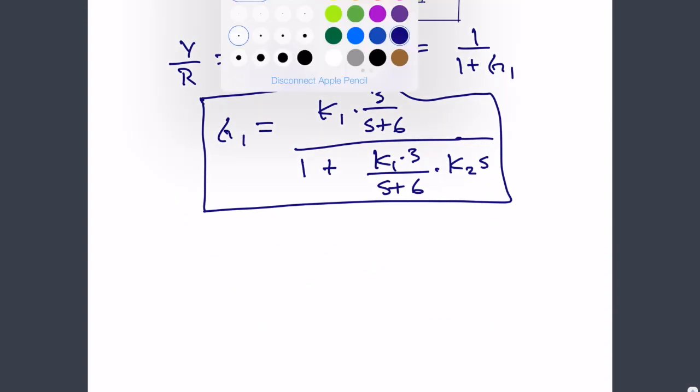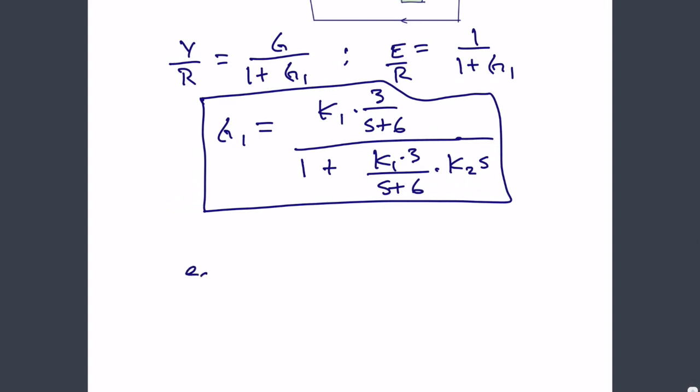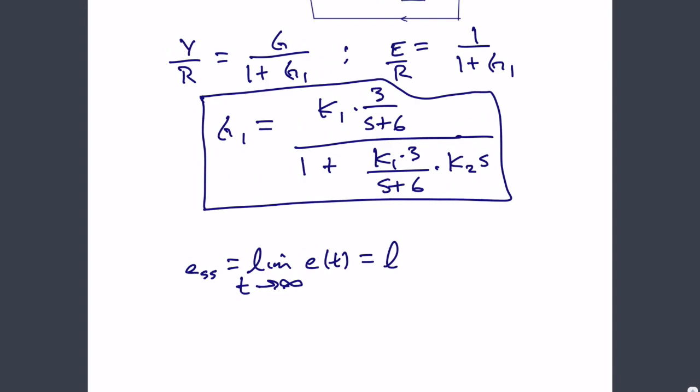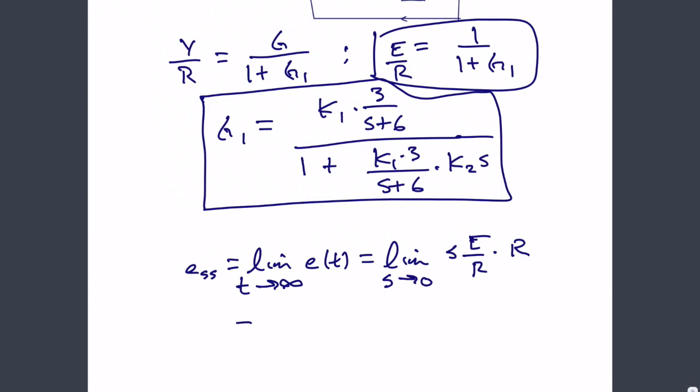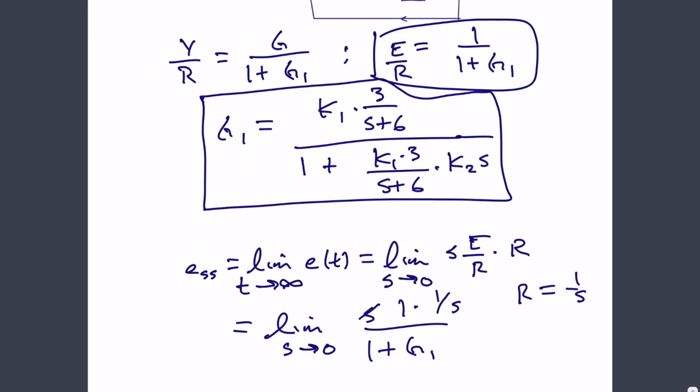All right, so next, we need to calculate the steady state error. To get that E steady state, that's going to be equal to the limit as t goes to infinity of e of t, which is the same thing as using the final value theorem: limit as s goes to 0 of s times E over R multiplied by R. We know E over R is 1 over 1 plus G1, so writing that down, we have s times 1 over 1 plus G1, and since this is a unit step, R is known to be 1 over S, so these cancel.